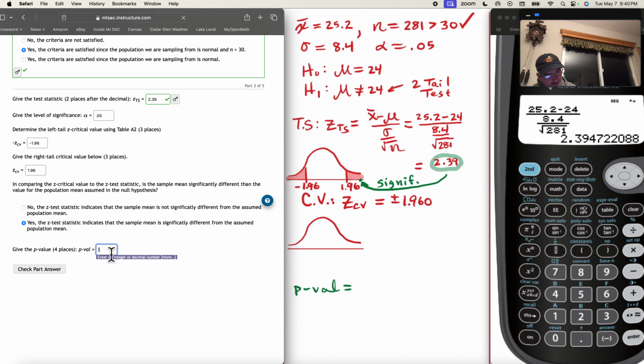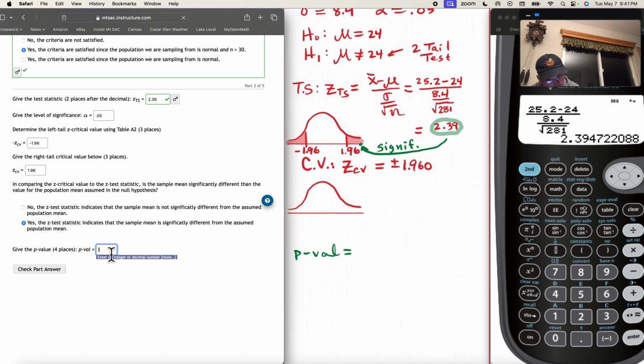Okay, so for the p-value, we've got to put in our 2.39 here. It's going to be a little further out in the tail like this. Just keep in mind it's a two-tailed test, so you actually have to do both sides. They're going to have the same area. So really, I'm only going to do one, and then I'll double it. Okay, so we'll go to table A1 to look up the 2.39.